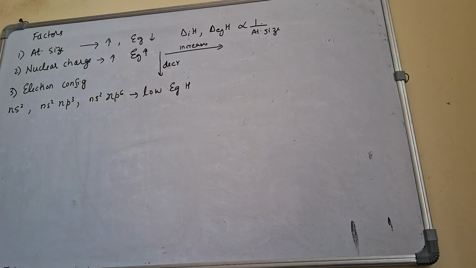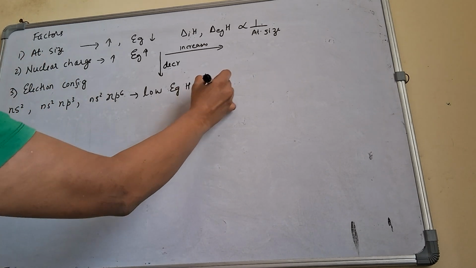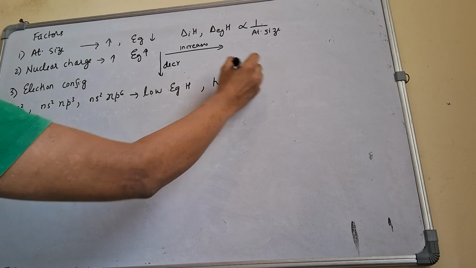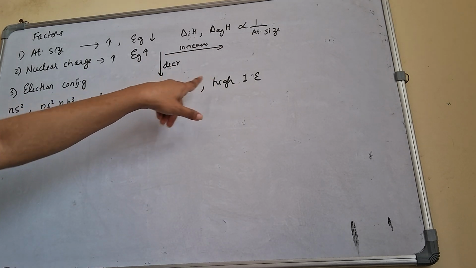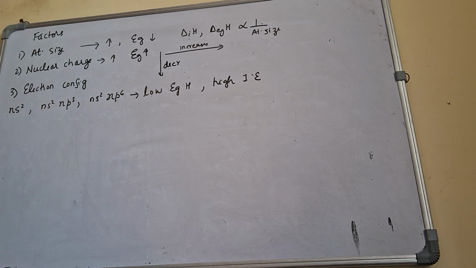If you do not want anything and someone is supplying it, you're not much happy about it. Like, I didn't want this, but you're still gifting me. But in the same case, ionization energy was very high. Remember, ionization energy was high. Think about it: ionization energy is the energy required to remove an electron. If it is stable, it is difficult, so that's why there is high ionization energy.